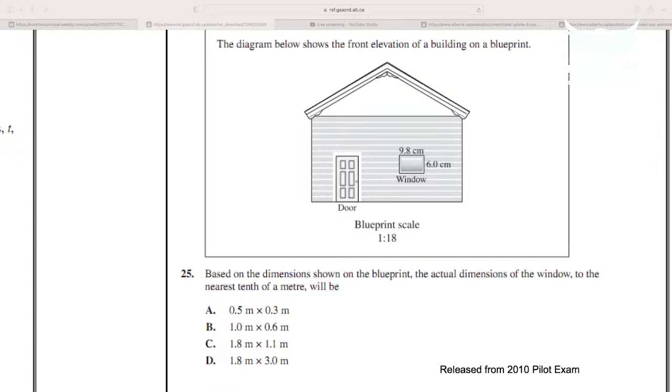So, okay. Again, we need to convert here, because blueprints are given in centimeters. We're given scale, and we need to convert centimeters to meters. We can do it before or we can do it after. So it's better to do it after.